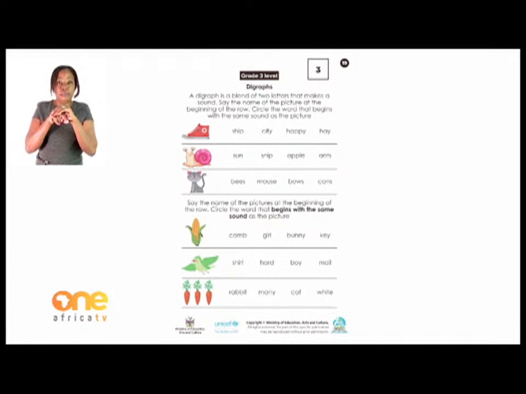The second picture there, check that picture. What is the name of that? Is it sun, snip, apple, and? Then you find out the name of it, which is not here in the answers, but the sound, the first 2 letters of the name of this insect, is found in these 4 words. Which word is containing those 2 letters? And the third picture also, look at it.